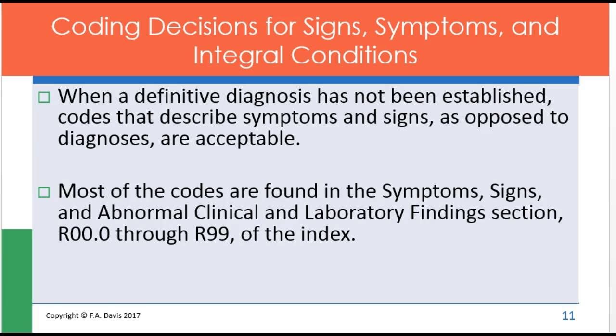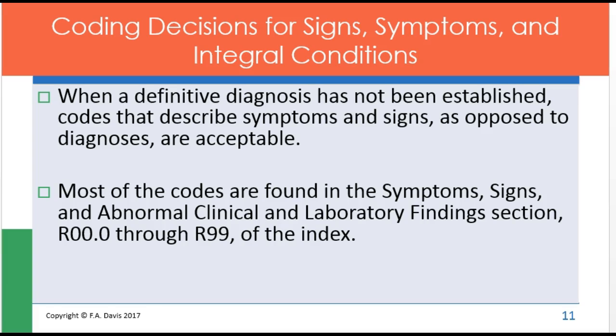Now, inpatient coding has a different requirement. They can code these diagnoses, possibly, depending on the situation, as the condition, even if they're not definitively diagnosed. Okay? Now, on the other side of that, if you have a definitive diagnosis, this is what the patient has, but you also have in your documentation signs and symptoms, you don't code those signs and symptoms if they're an integral part of the condition.